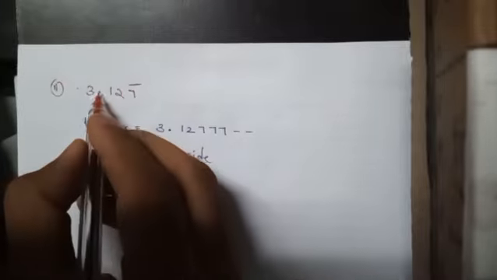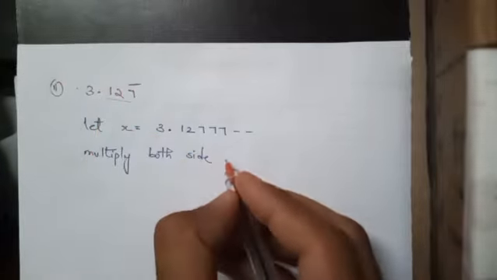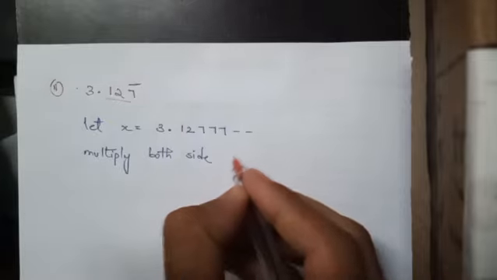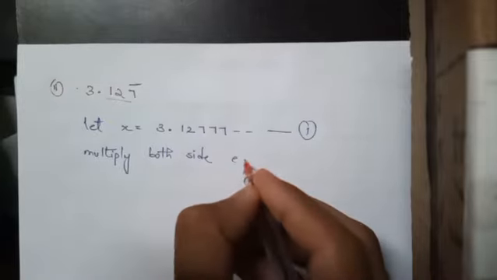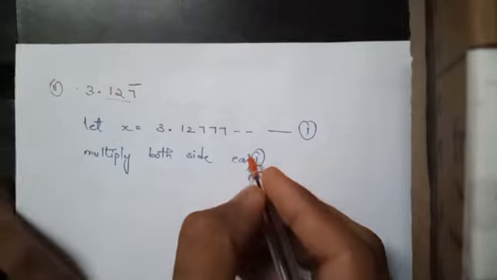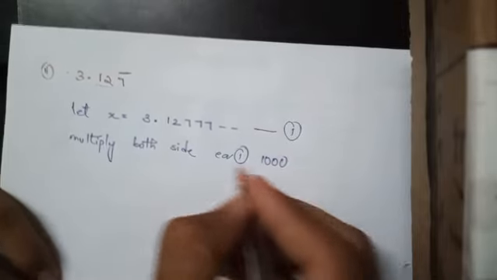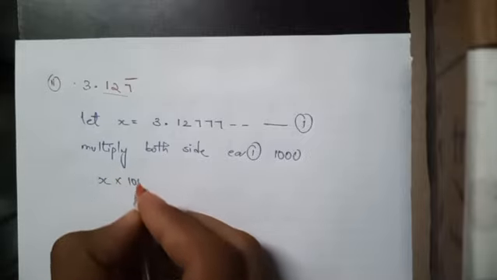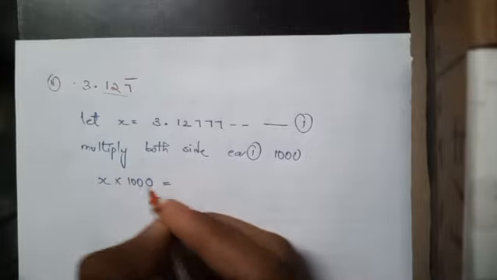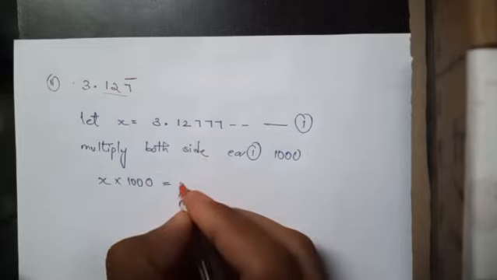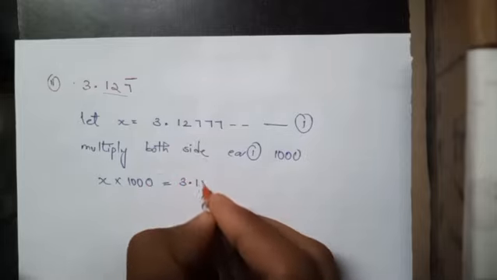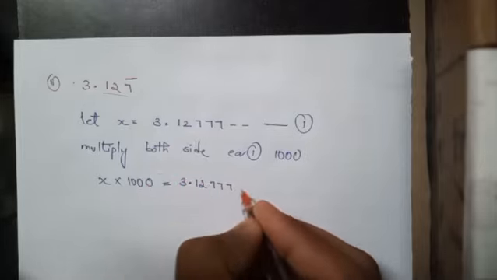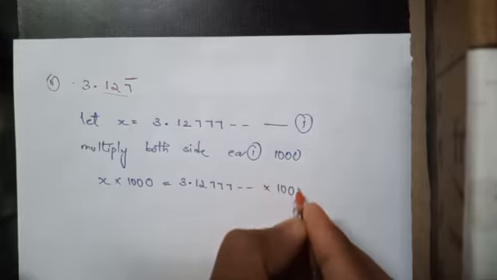After the point, how many numbers are there? There are 3 numbers. This is taken as equation 1. We have to multiply equation 1 by 1000, as there are three numbers after the point. Now x into 1000 is equal to 1.127777 and so on into 1000.